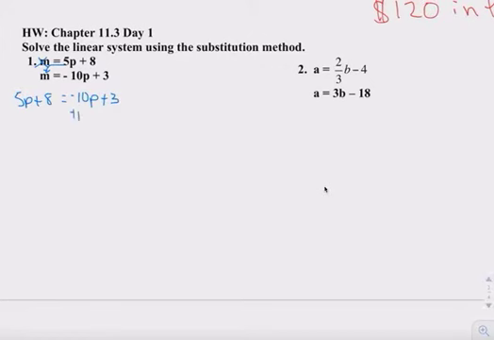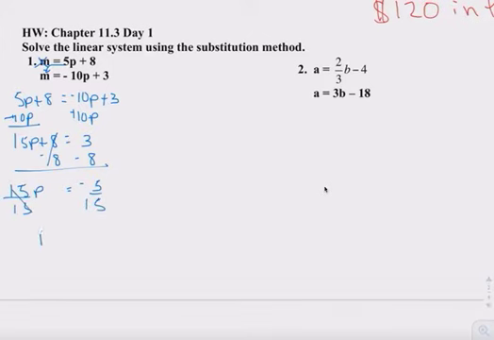Get rid of the smaller p. 15p plus 8 equals 3. Minus 8, minus 8. Negative 5 equals 15p. Divide by 15. P equals negative 1 over 3. Ooh, negative 1 over 3. You put it back in.